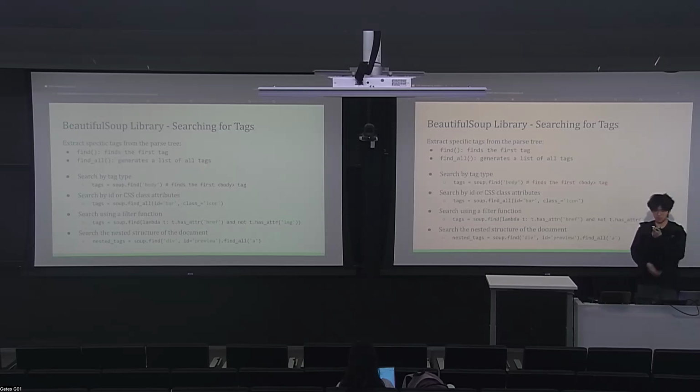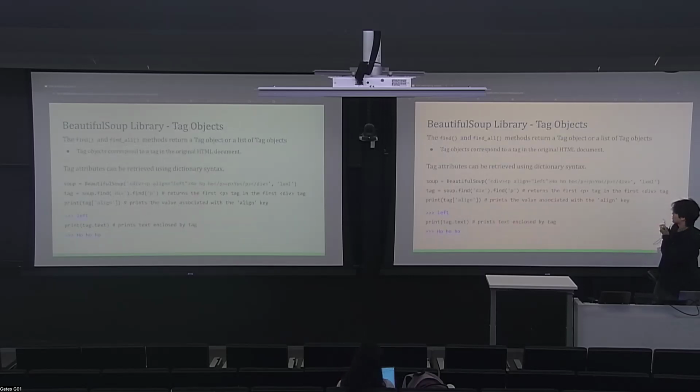There is more to it, and Tommy will talk about it. We can search by tag type, or search by ID. We can also run a filter algorithm on it, and we can also search the nested structure of it. It's pretty elegant.